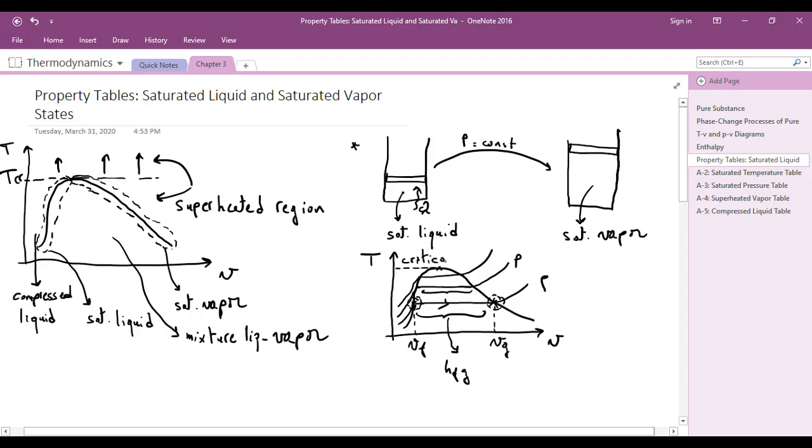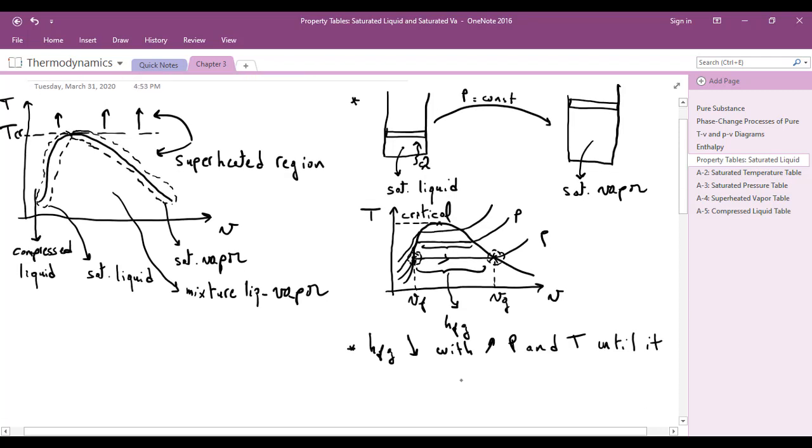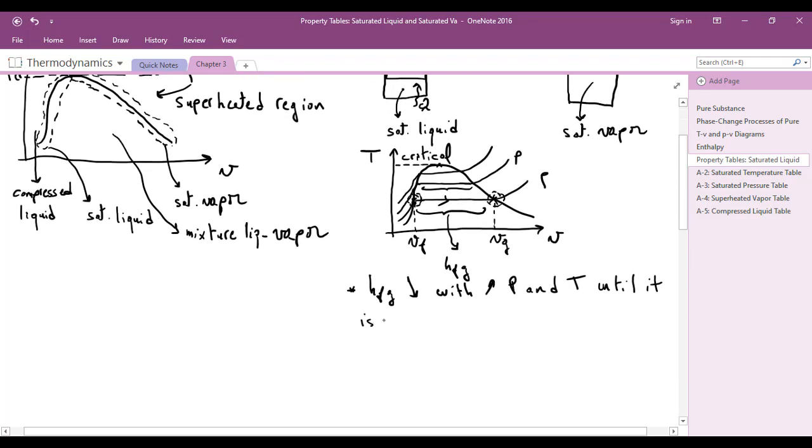So we should note that Hfg decreases with increasing pressure and temperature until it is equal to 0 at the critical conditions.